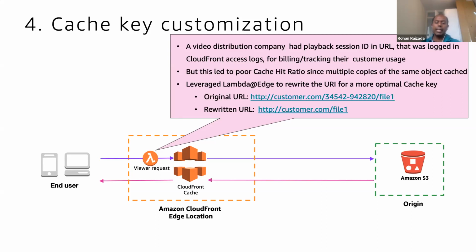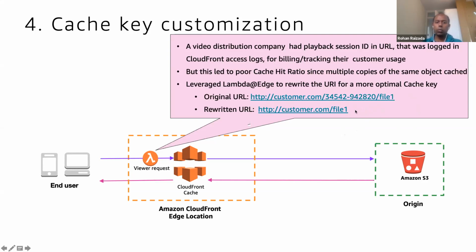So what we did in this use case was we leveraged Lambda Edge, and we rewrote the URI for a more optimal cache key. If you look at it, the sample URL had the playback session ID in the URL. But when we rewrote the URL in the viewer request before serving the content, we removed the playback session ID from the URL.